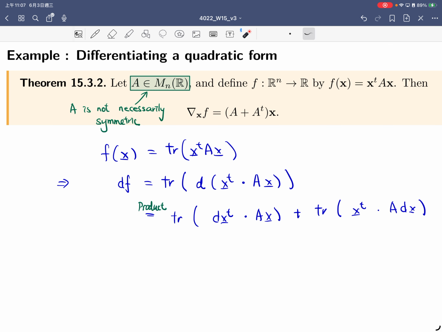And then now what I want to do is put all the differential at the end. In the second term, the differential is already at the end. The first term, then how to put the differential at the end? The way to do it is to use the second property of the trace, that is, when you transpose it, you get itself.